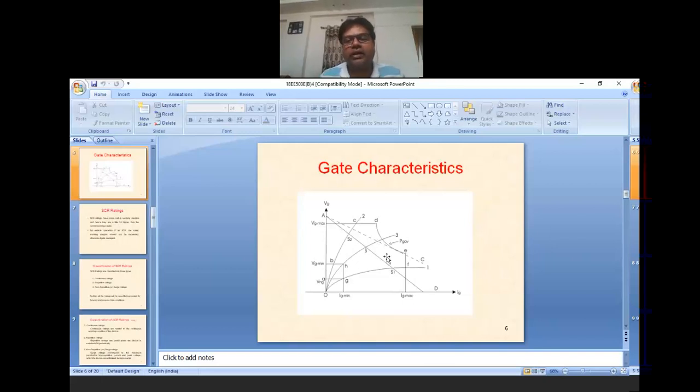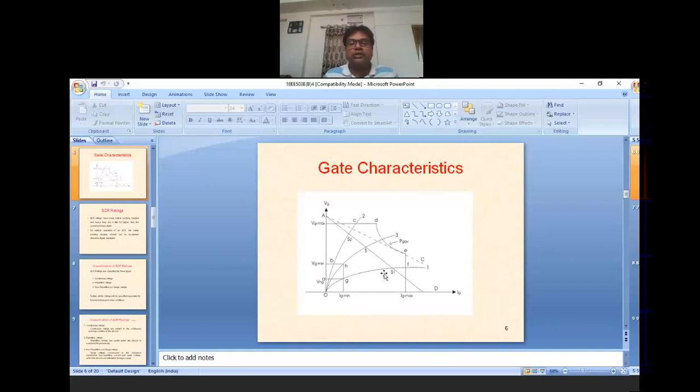And to find out the most safest region to avoid the false triggering, and also to avoid the heating of the gate and the inner P junction, draw a tangent line from A to the average power consumption curve, where you will get another point which is not shown over here. That will get you the proper biasing point.